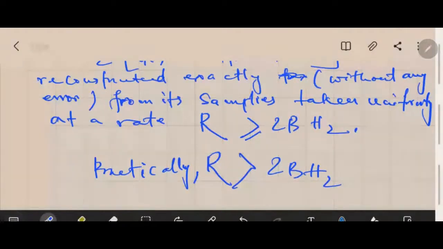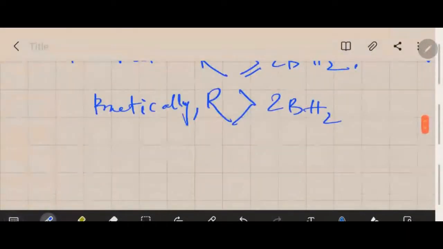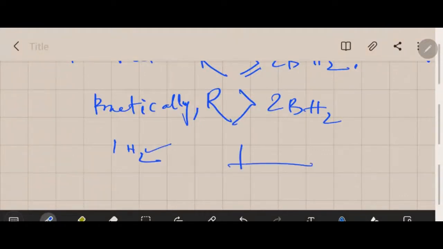Which also means if a signal bandwidth is, let's say, 1 hertz, and 1 hertz means 1 cycle per second, then for 1 hertz of bandwidth you will be taking at least 2B, that means at least two samples, and there is no max limit.